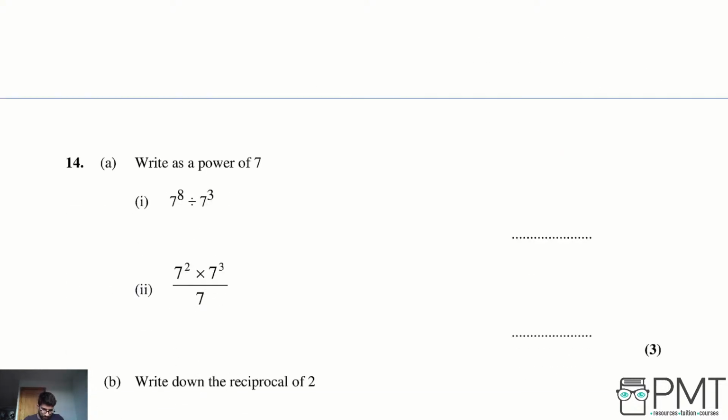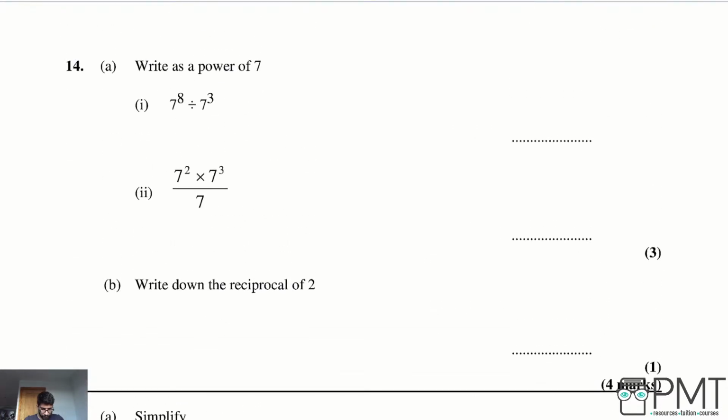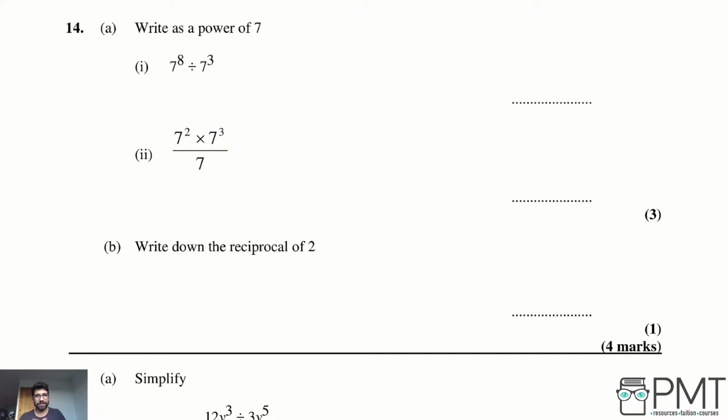And I want to move to these now. So let's look at question 14. Here you are asked to write as a power of 7 these. So instead of x's and y's, we have got 7 base.